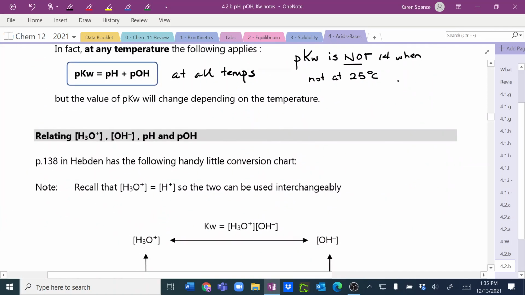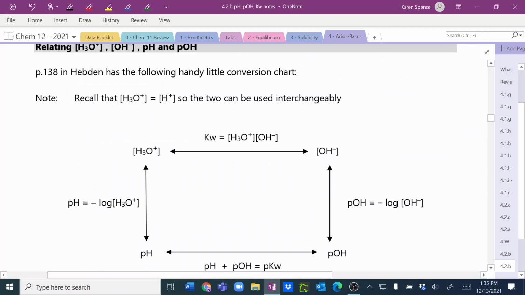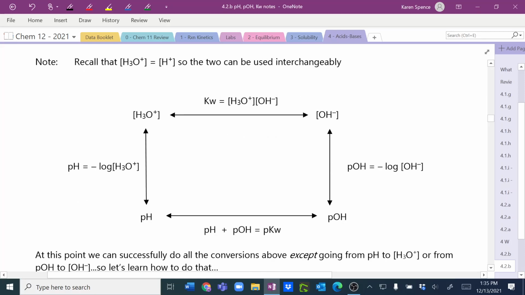But what's going to be really important for chemistry, in Chemistry 12, is this handy-dandy little conversion chart. This is taken directly from Hebden on page 138. At the top of the chart, we have the hydronium and the hydroxide. To interconvert between those two, we use Kw, which has those two terms in it.